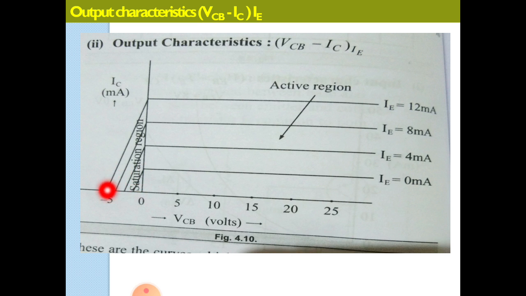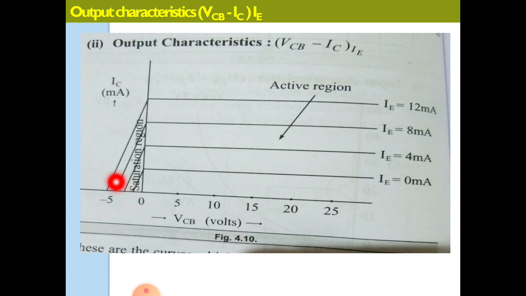Now look at the figure. This region, where the voltage has negative values, to the left of the 0, is called the saturation region.